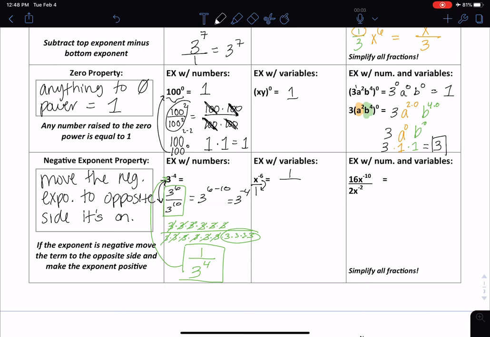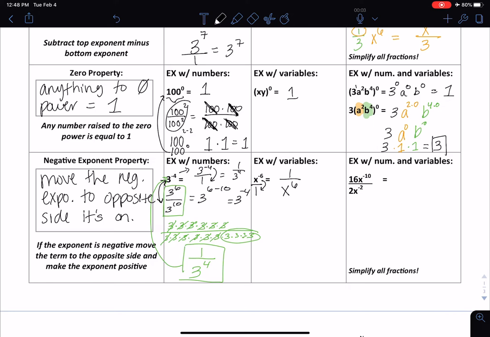So now my 1's on top and my 6 is now positive. Okay, and I didn't really show that on this one. I can rewrite this 3 to the negative 4 with the 1 on the bottom, and then it moves down to become positive. So I still get the same thing that I showed you in the green.